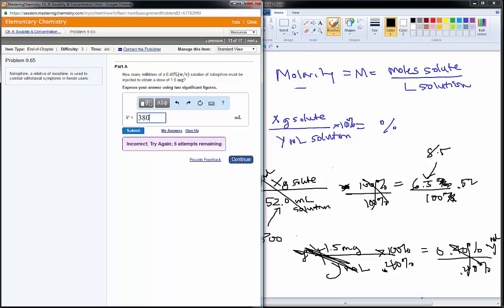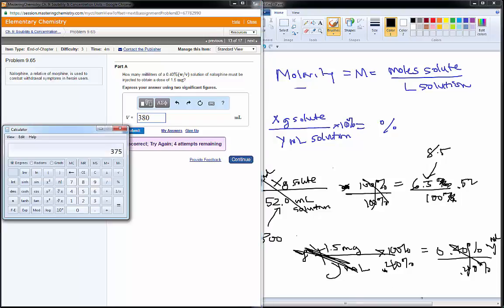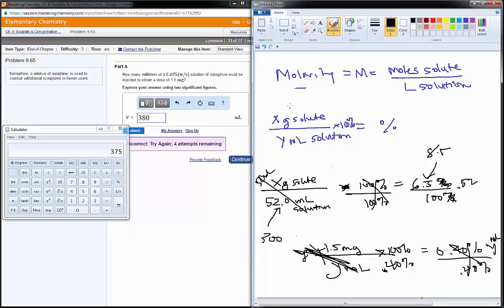They did ask for two significant figures. Nope. Oh, I'm sorry. I should have known better. I told you specifically at the outset that you need grams here and not milligrams, and I neglected to convert. So 1.5 milligrams at 1,000 milligrams in 1 gram, that's going to be 0.0015 grams.